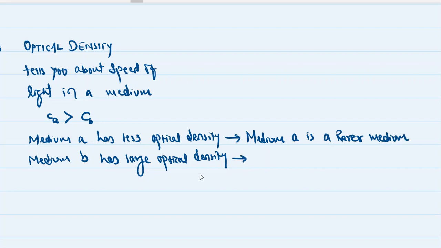And medium B, in which the speed of light is less, which has large optical density, is a denser medium. Medium B is an optically denser medium, or just denser medium will also do.